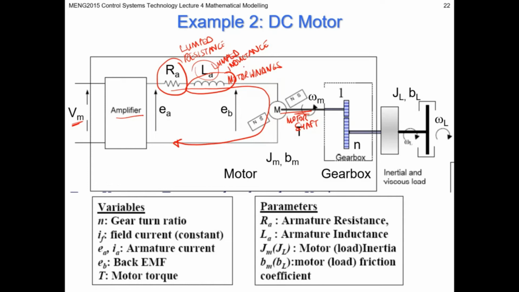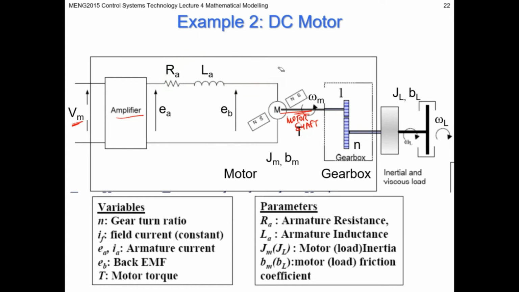Remember, whereas capacitance lags on the circuit, inductance leads on the circuit, and the voltage across an inductor is given by the inductance times the first derivative of the current through the inductor. So you're going to have inductance and resistance in your motor windings.